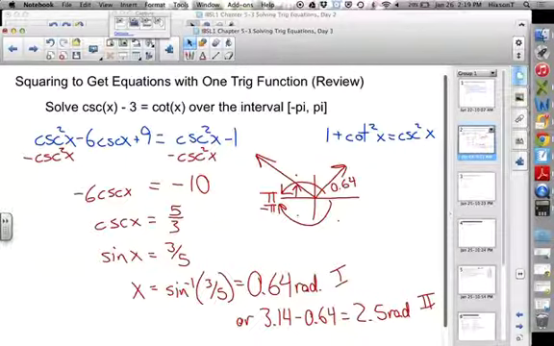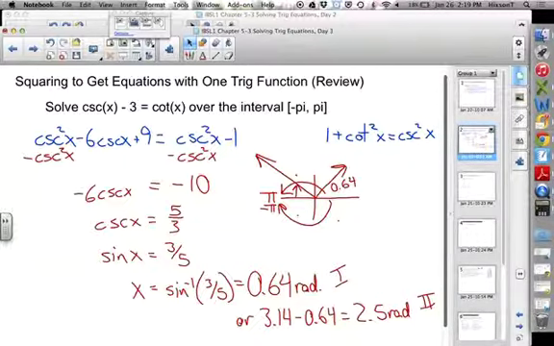One possibility is cosecant is 1 over sine, and cotangent is cosine over sine, so you might try multiplying by sine, but then you're going to have a mixture of sines with cosines, because this 3 doesn't have a sine to cancel out. So that won't even help us here.